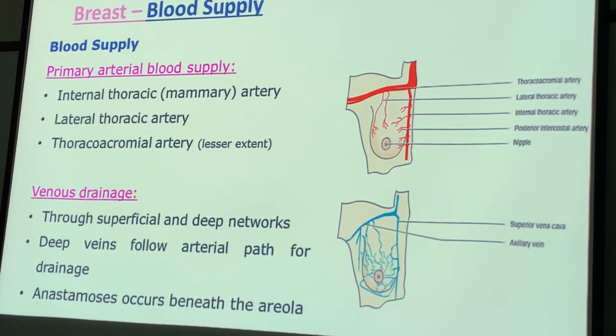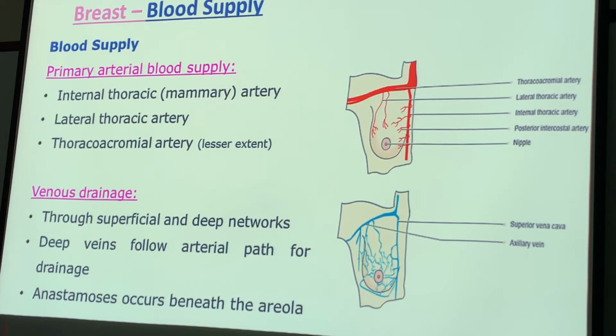It looks like it's coming off the subclavian artery. You see it? Boom. You also have the lateral thoracic artery right here, another branch off the subclavian artery. I don't know why that's labeled thoracoacromial artery. The lateral thoracic artery right there.